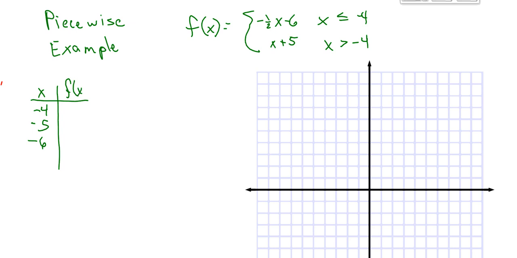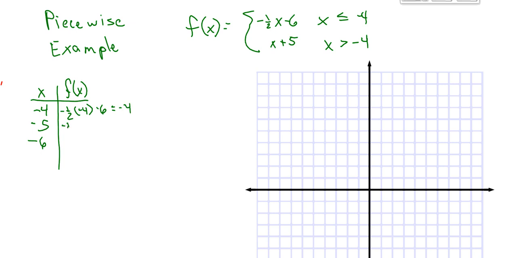Then f of x, the rule I have to look at is this one for less than or equal to negative 4, so it'll be negative a half times negative 4 minus 6, and so that is 2 minus 6, which is negative 4.